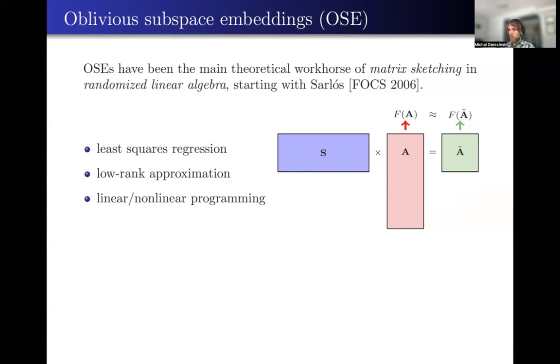We're starting with some of the early works, such as Tamás Sarlós's work. That's been very successful, and it has led to fast algorithms and complexity improvements to tasks such as least squares regression, low rank approximation, as well as linear and nonlinear programming tasks.